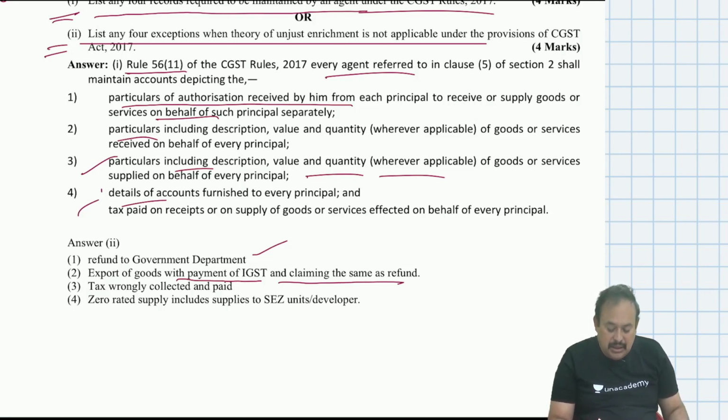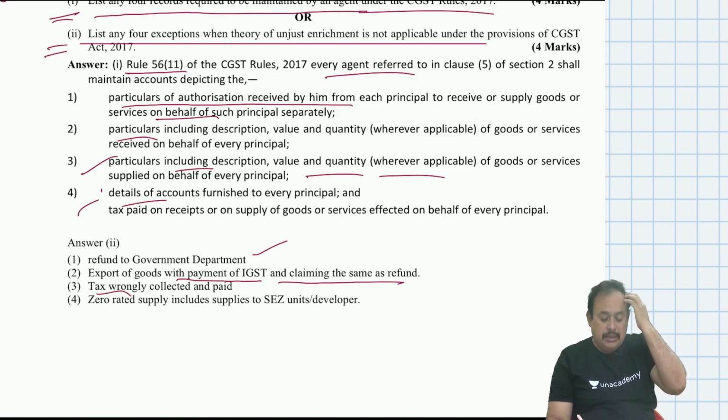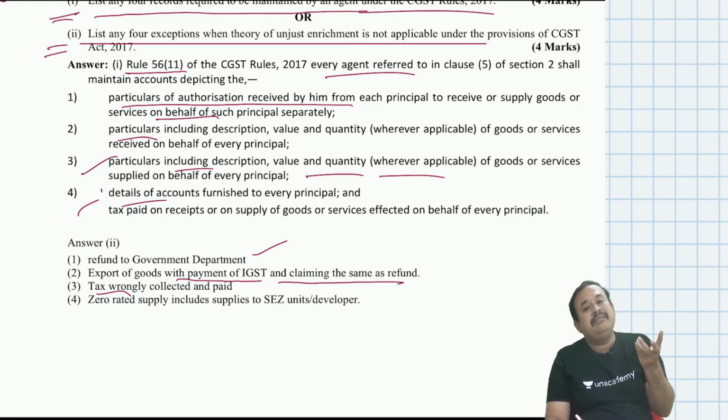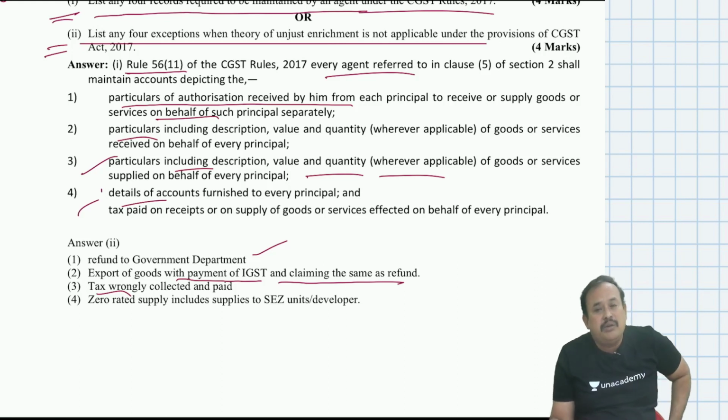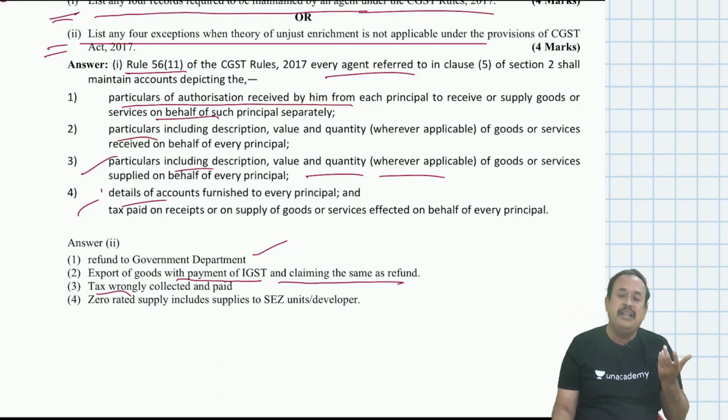Tax wrongly collected and paid. For example, collected the CGST instead of payment of IGST. Now I paid IGST, asking for the CGST as a refund. In that case, that can be granted without undergoing the test of unjust enrichment.